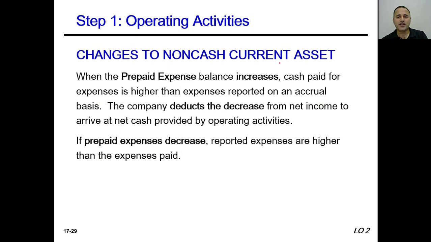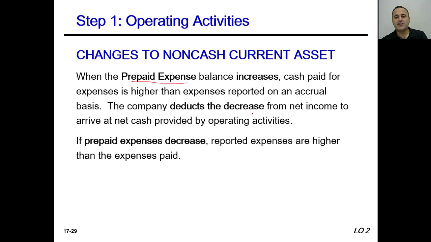Now, changes in non-cash current assets. Prepaid expense is an asset. You paid expenses in advance, and you did not get any services for those expenses yet, so these are your assets. When the prepaid expenses balance increases, cash paid for expenses is higher than expenses reported on an accrual basis.